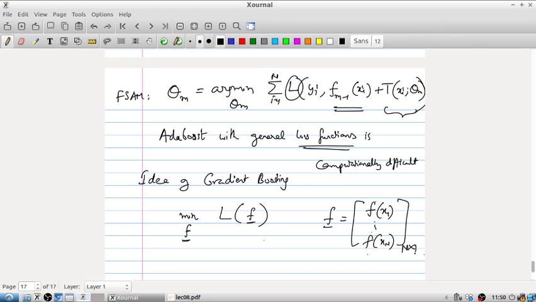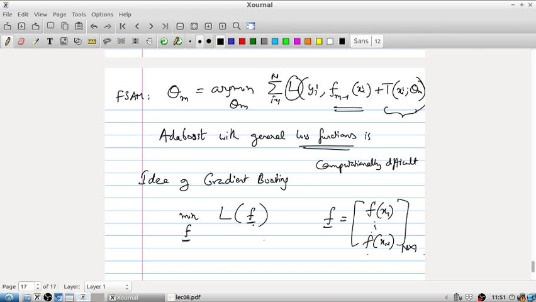If I plug this into my loss function, then I can evaluate the loss. It's just a sum of the loss between the yi's and the coordinates of this f vector. So I'm removing the dependence on the data, because the data is fixed anyway. I don't want to touch it.